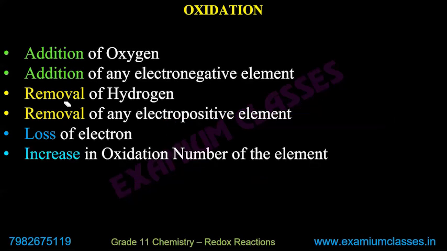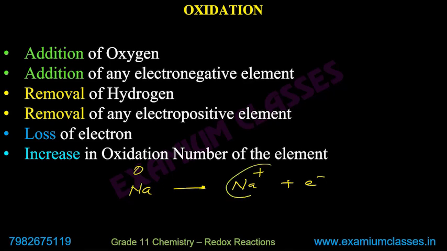Next one is increase in oxidation number of the element. Now, if you noticed, when I said Na gets converted to Na+ plus e-, this charge is most of the time the oxidation state. The valency is similar to oxidation state. I will talk about oxidation state in detail, about the rules of oxidation state, later on. So here oxidation state was zero because this was neutral.